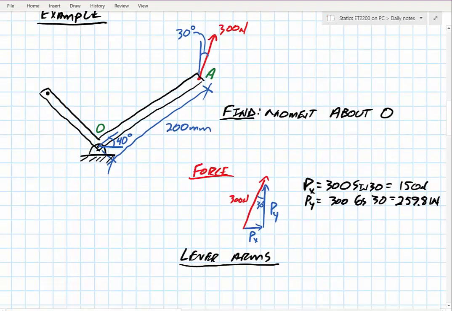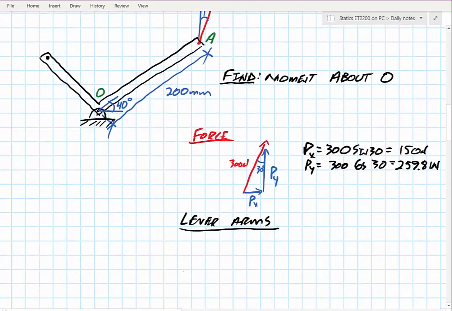So if I have this 200 millimeter long lever arm between O and A, and I want to break that into an x and a y component, well, I know that this one is 40 degrees, so it has some kind of distance in the x and distance in the y.